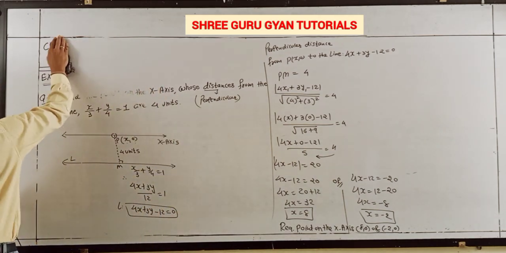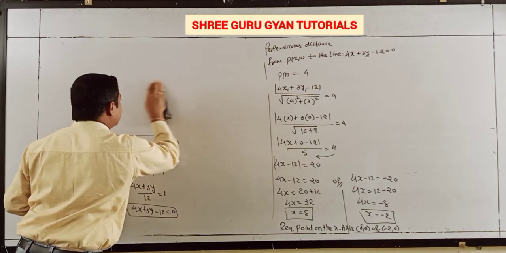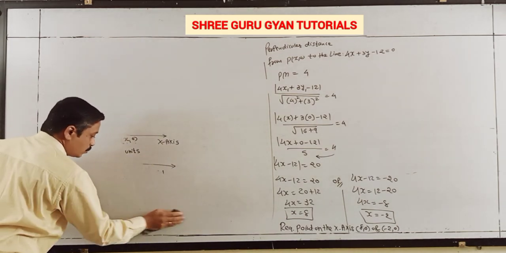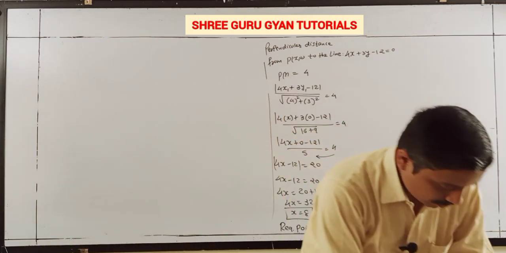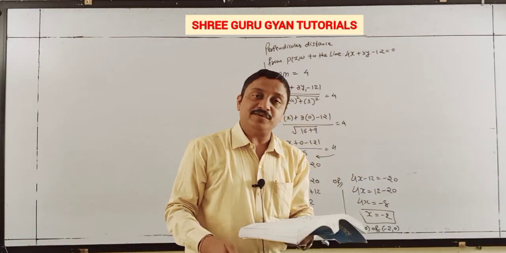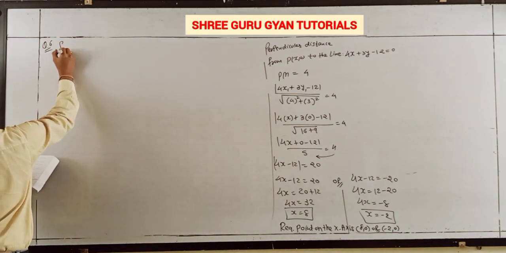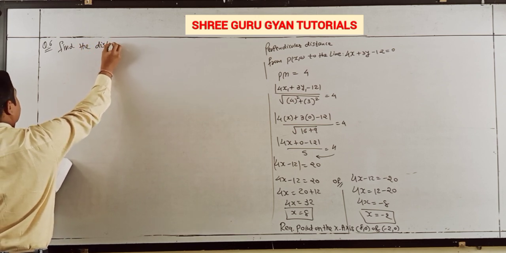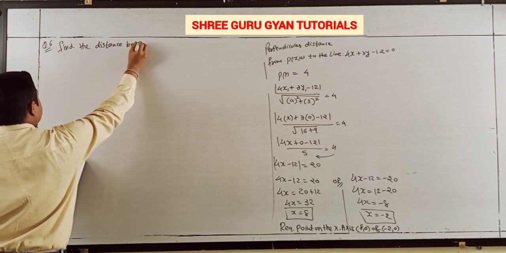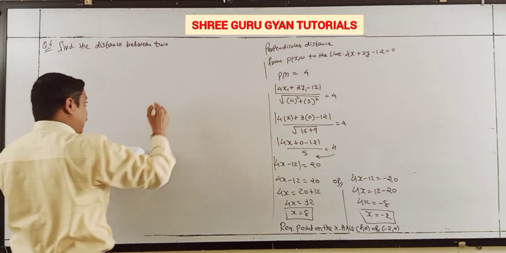Now I go to the sixth one. Similarly, continuing with the sixth. Find the distance between two parallel lines.